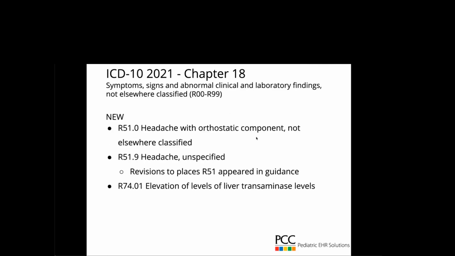What this did is the addition of R51.9 was just another one of those guidance loops that was closed. There are lots of revisions that replace R51 in the guidance statements that it's part of with R51.9. And randomly, R74.01, elevation of liver transaminase levels, is an addition. That is a new code available for use this year.